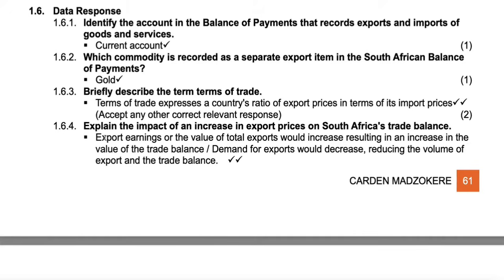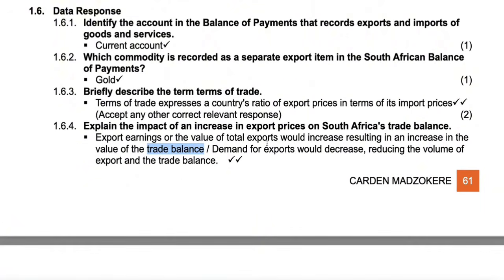Let's see here. Export earnings or the value of total exports would increase. Look here: if export earnings increase, it would result in an increase in the value of the trade balance. So basically, it could cause our trade balance to go into a surplus, or increase the surplus if it was already there.